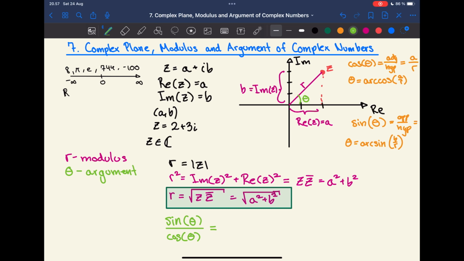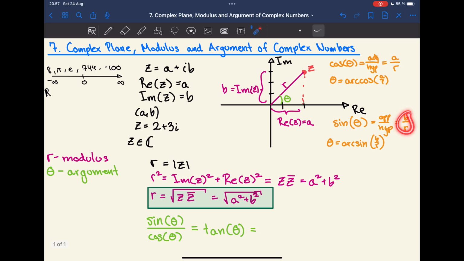All right, but sine over cosine, we know that is just the same as tangent. So if we use what we had here for sine, that was just b over r, and cosine is a over r. So what we get is b over r over a over r. So that's very neat because then the r's cancel, and what we are left with is just b over a.